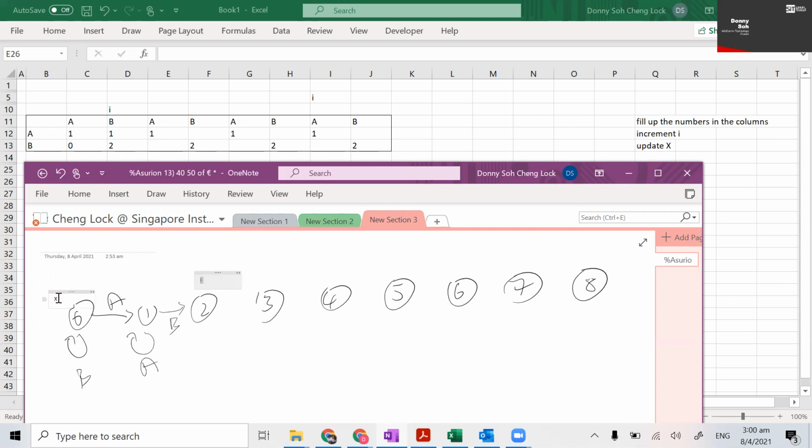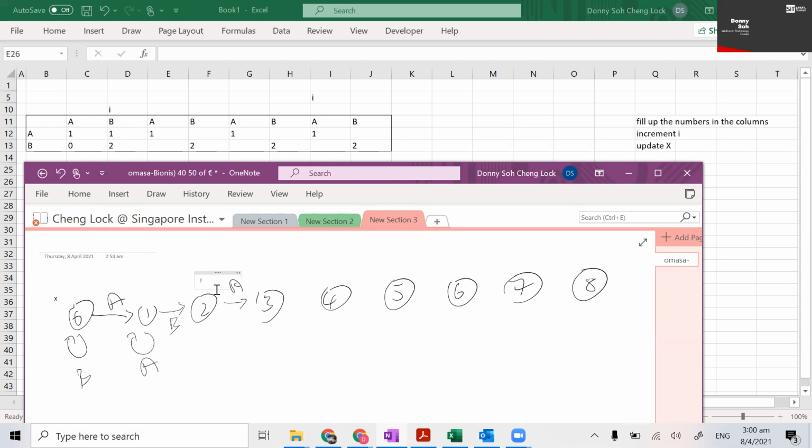And then what will X do if I were to see a B? It will stay at state 0. So X is updated, but it doesn't move. It stays at state 0. So from 2 to 3, this will be A. What will happen to state X if I see a B?